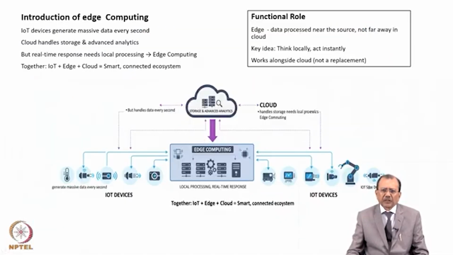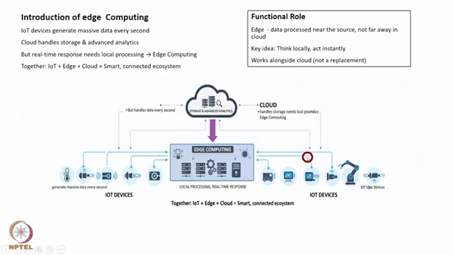Now, a typical picture of edge computing, how it sits between the IoT devices and the cloud. This picture shows that connectivity. You can see that multiple IoT devices are connected. The data is being captured by the edge computing device or system, and then the desired processing is done. Suppose there is a camera, and this camera is sending pictures, information in the form of discrete data.